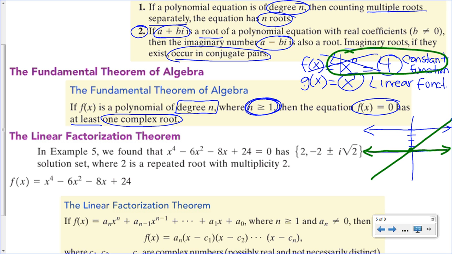But if it is something that is above the x-axis or below the x-axis, they will not have a root. But let's go back to the ones that do have a root. And so when it says it has at least one complex root, that means that there will be a solution for this equation. So there will be some x values for which f of x or y is equal to 0.